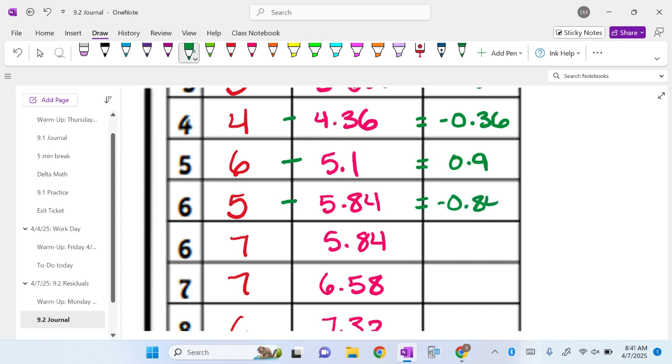Negative 0.84. 7 minus 5.84 would give you what? 1.16. Now, to save some time, I'll give you the last 4. So 7 minus 6.58 is 0.42.